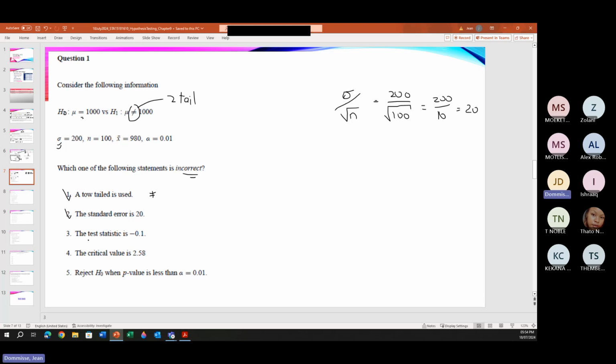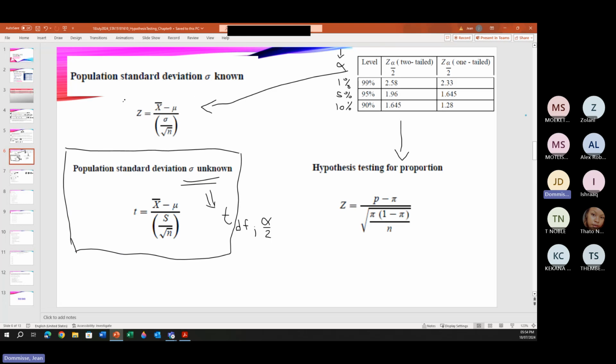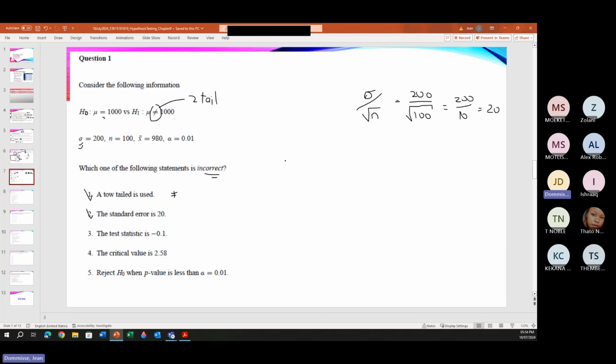Okay, the test statistic that we need to work out. That is again the formula that we're going to use, the same that we did in study unit 7.